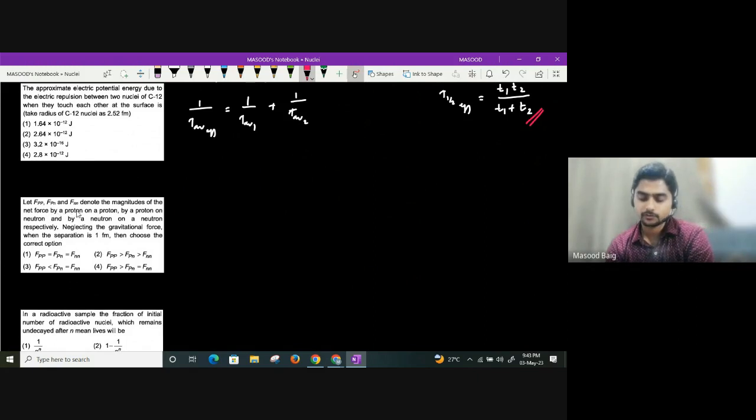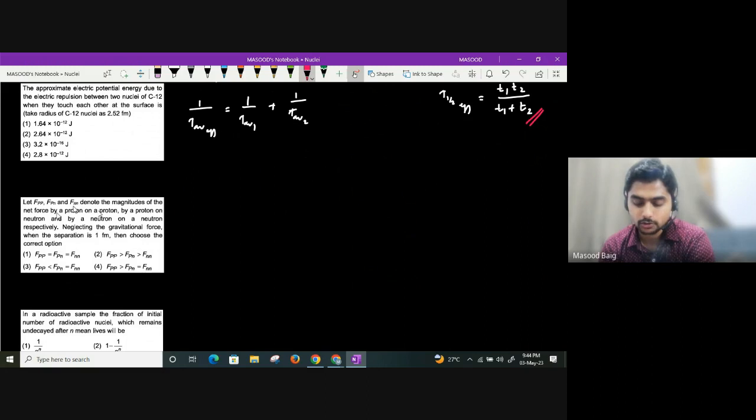FPP, FPN, FNN denote the magnitudes of net force by a proton on proton, by a proton on neutron, and by a neutron on neutron respectively, neglecting the gravitational force, when the separation is 1 Fermi. Choose the correct option. They're not talking about the nuclear force, guys, here. They're talking about net force acting. So between proton and proton, you will have electrostatic force also of repulsion. Yes or no?